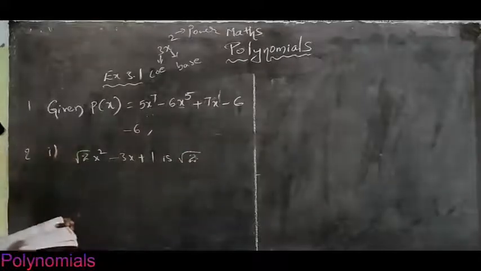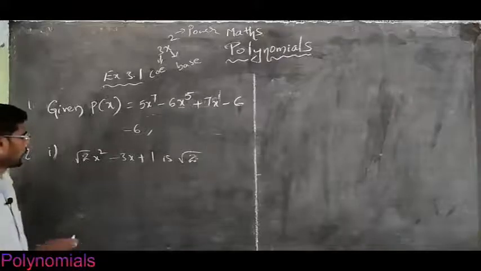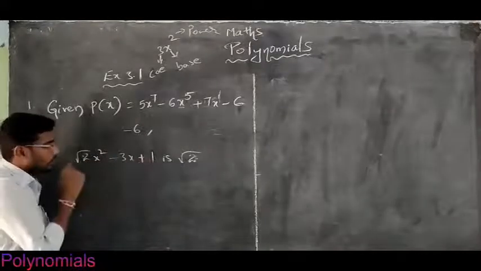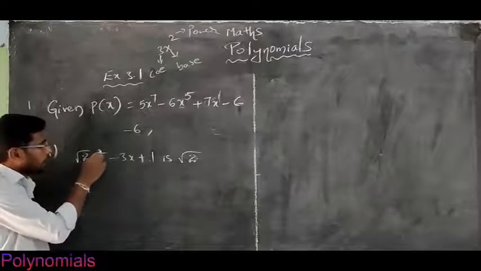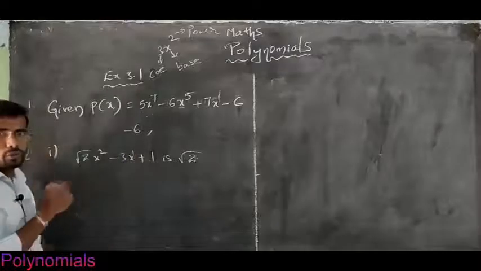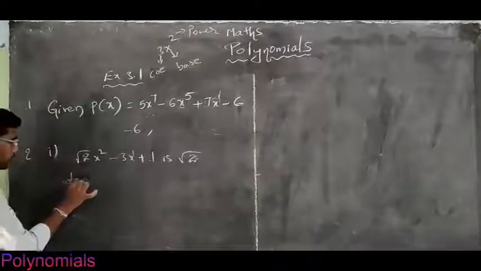Now we have to say whether it is true or false. Observe here, in root 2x square minus 3x plus 1, the x power is 2 and here the x power is 1. So what is the degree?